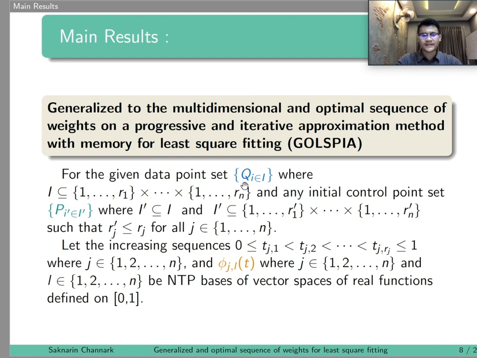For the given data point set Q_I, where big I is a subset of this term, and any initial control point set P_I' in big I', where big I' is a subset of big I, and big I' is a subset of this term, such that r_j' is less than or equal to r_j, let the increasing sequence t_j1 less than t_j2 less than t_jr_j be in the closed interval [0,1], and phi_jit is the NTP basis of the vector space of real functions.